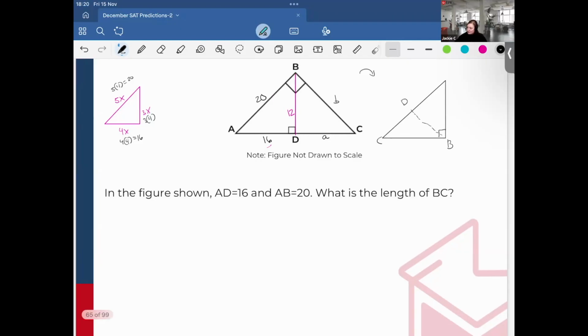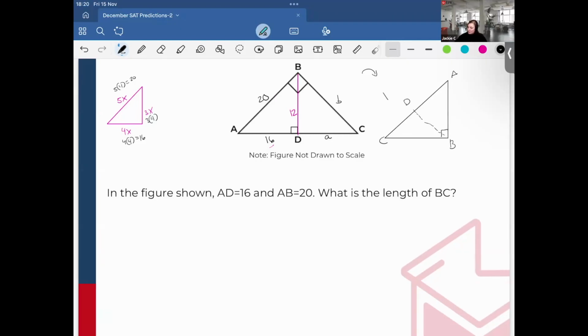This would be C, this would be A, and the hypotenuse would be 16 plus A. My CB value is what I labeled as B, and my AB value, we know it's 20. So you see, I've flipped that onto its side. And now let's look at my pink triangle here.